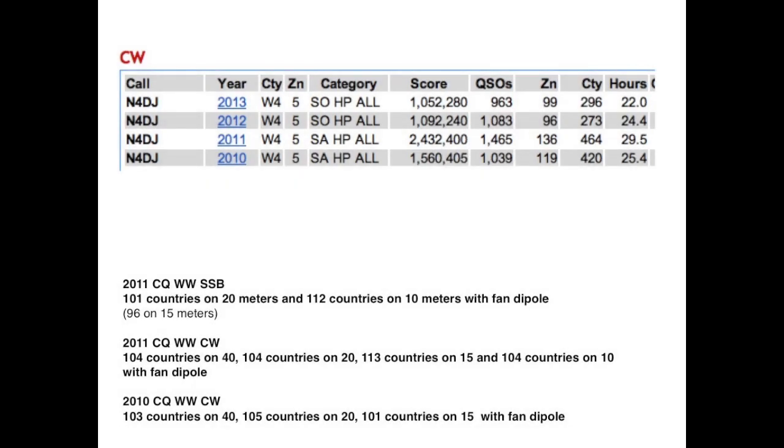Now, in case you're wondering how well these antennas work, here are some contest results from about 4 years. All antennas were a fan dipole or a multi-wire dipole.